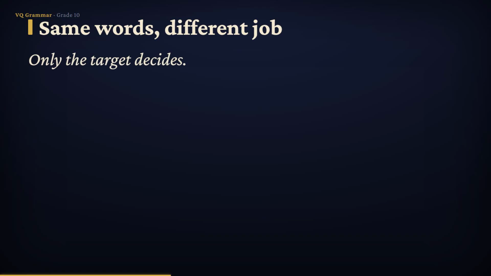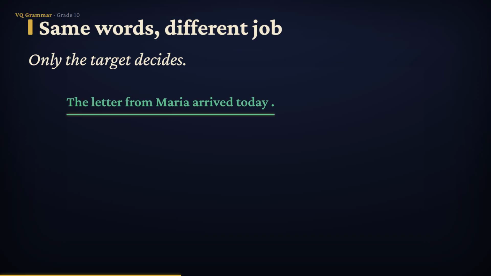Here is the skill that decides everything, so listen closely. The very same phrase can be an adjective phrase in one sentence and an adverb phrase in the next. Sentence 1. The letter from Maria arrived today. From Maria tells us which letter, so the phrase is modifying the noun letter.